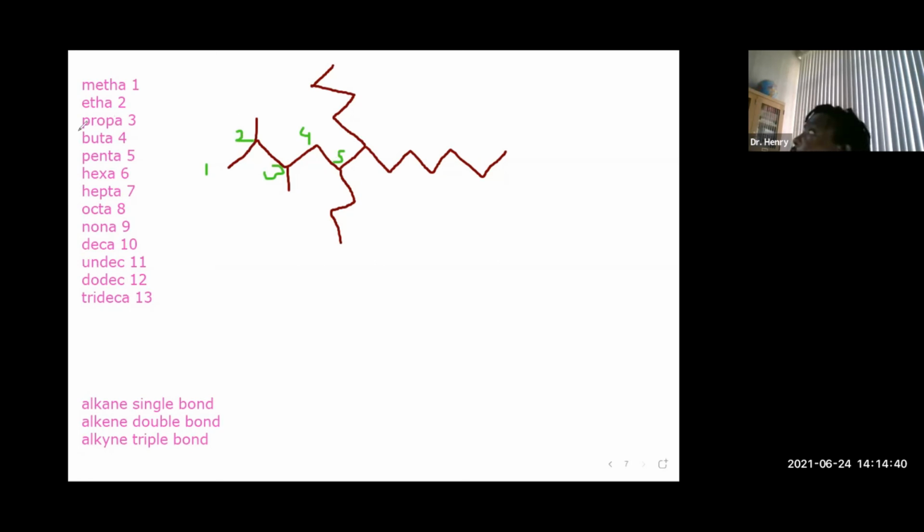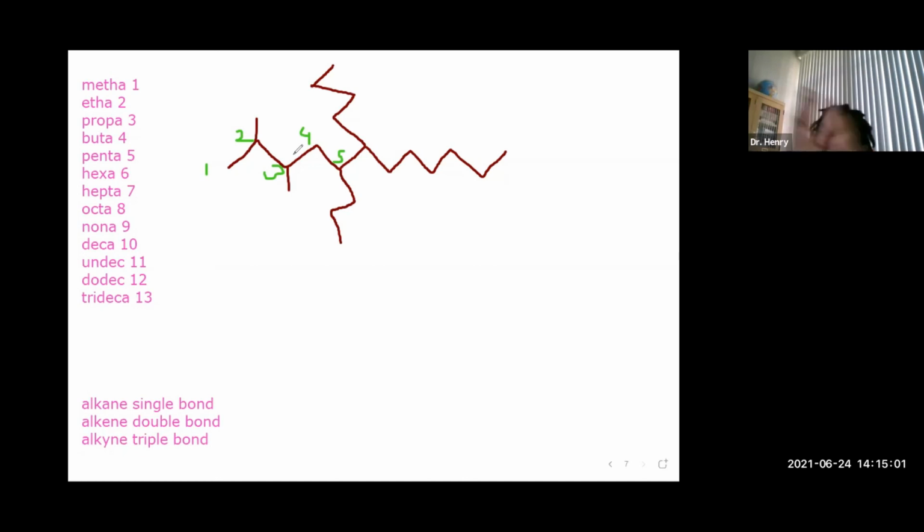I could, if I went 1, 2, 3, that would be a really short chain. Does that make sense for me to do that? I don't have to start from the other side. I can start from this side, because I wanted to go that way. I can start from either side, right?